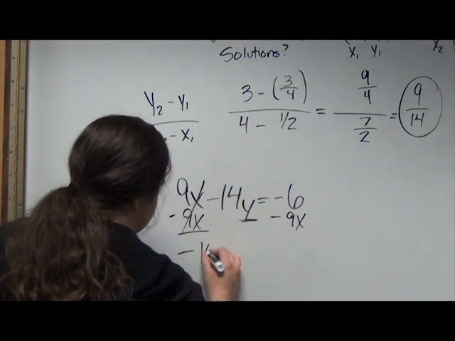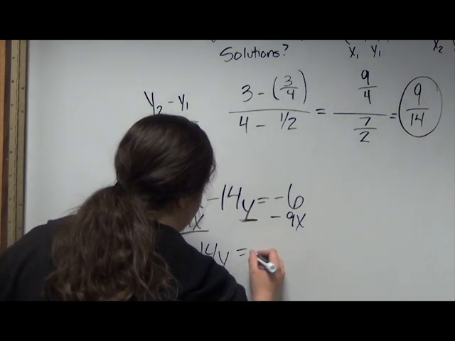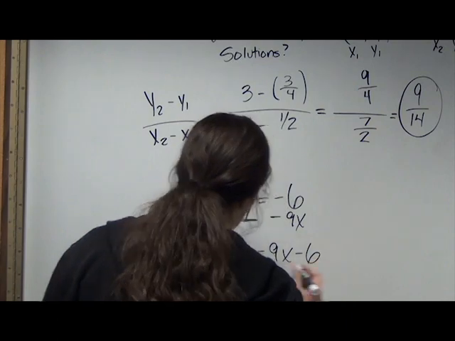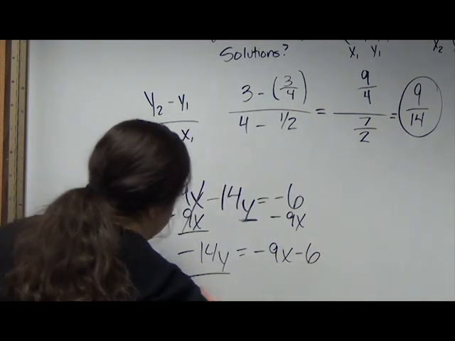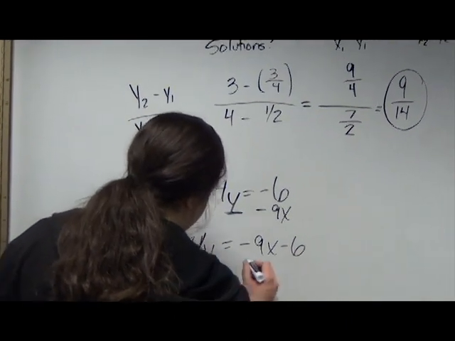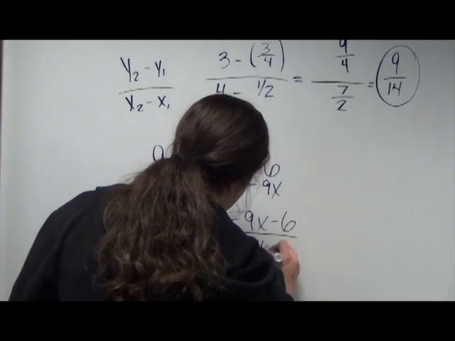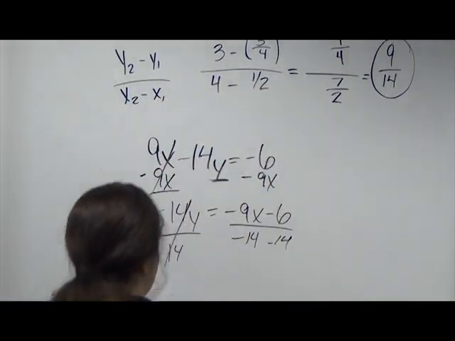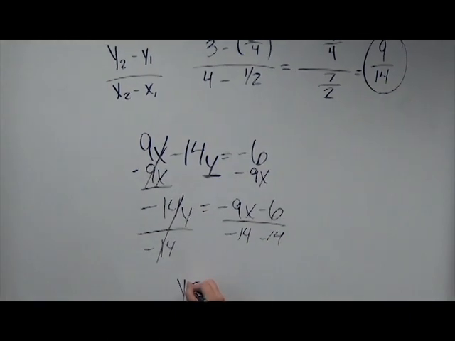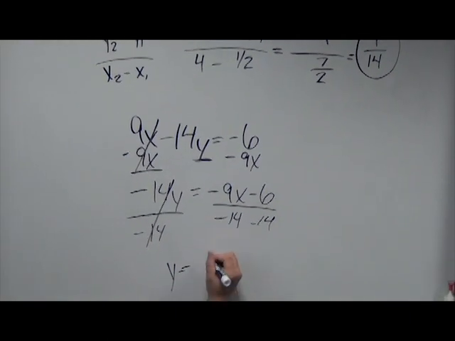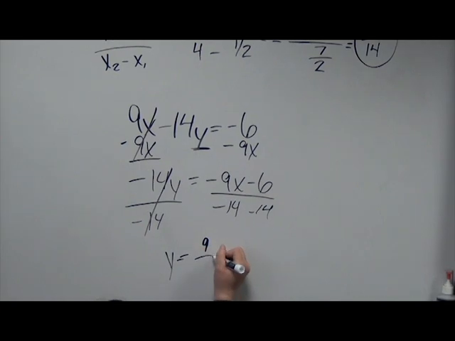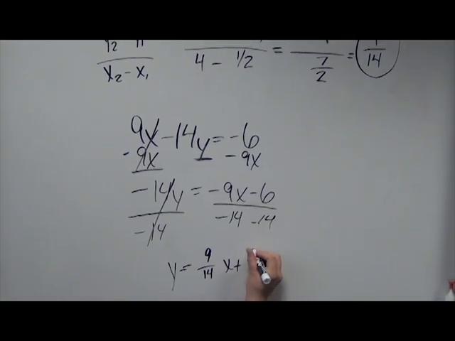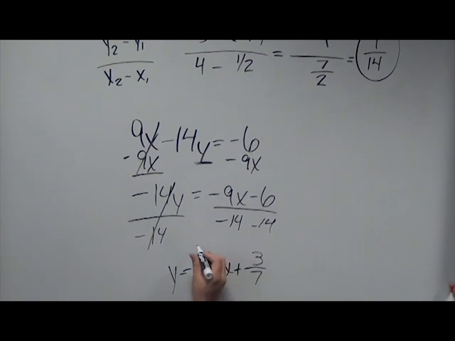So -14y equals -9x minus 6. And then divide by -14. And then you'll get y equals 9 over 14x plus 3 over 7.